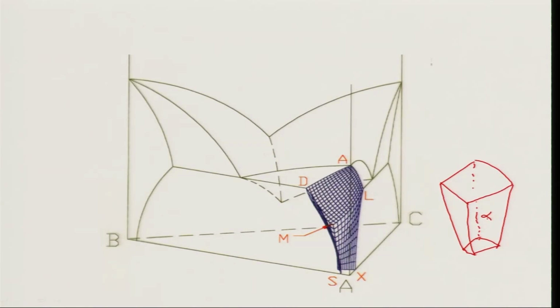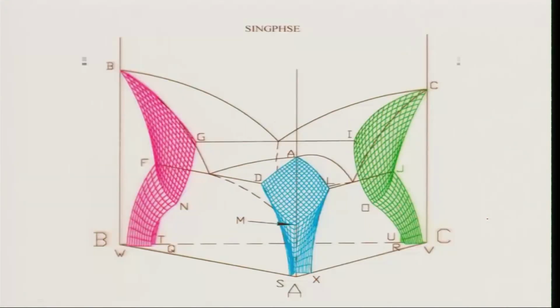All these other surfaces also look the same. You can see here alpha, beta and gamma. Gamma is a little bit different, slightly distorted, so if I draw it correctly, it is like this.